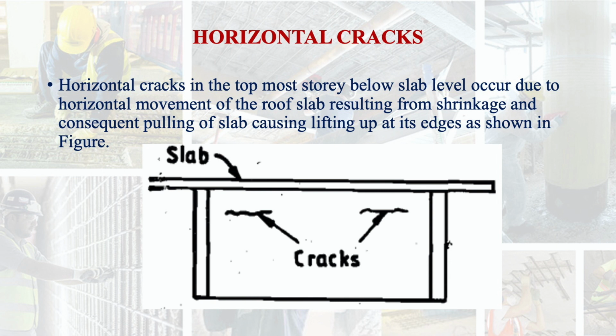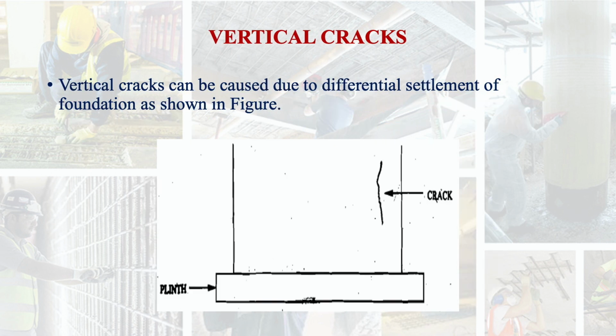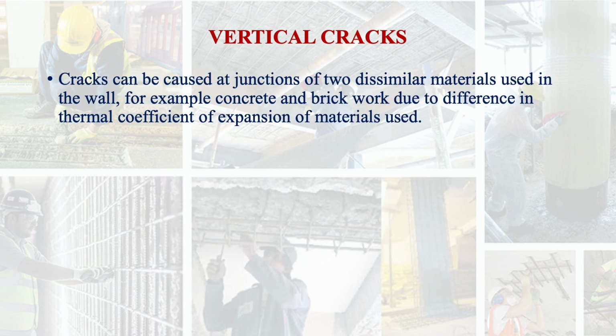So you see here the horizontal cracks. Then vertical cracks. Vertical cracks can be caused due to differential settlement of foundation. As you can see, a vertical crack in the wall, which may be caused due to the differential settlement of foundation.